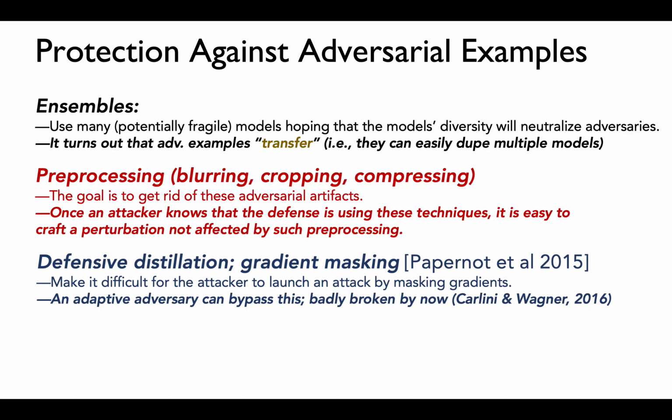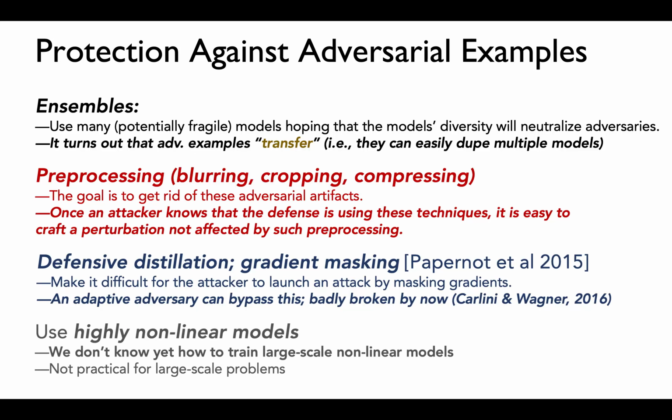In a paper by Carlini and Wagner, this was shown to be insufficient. Another approach is to make use of highly nonlinear models, because there is a hypothesis that these modern deep neural networks, because they make use of activation functions like ReLU and so on, may be too linear in their boundaries, and if we make use of nonlinear models, then we can actually create systems that are more robust.